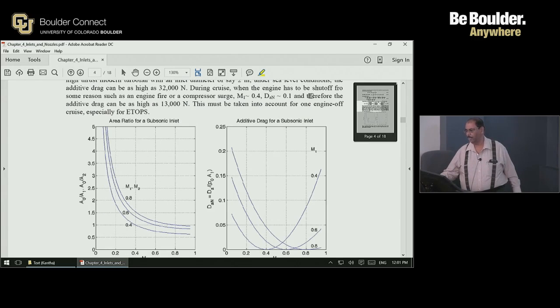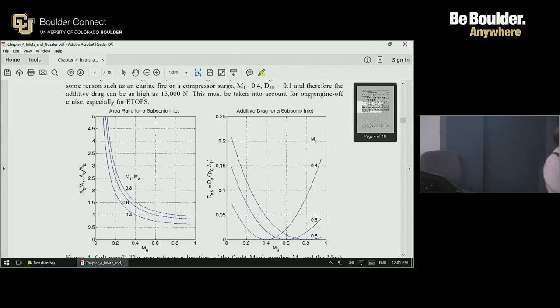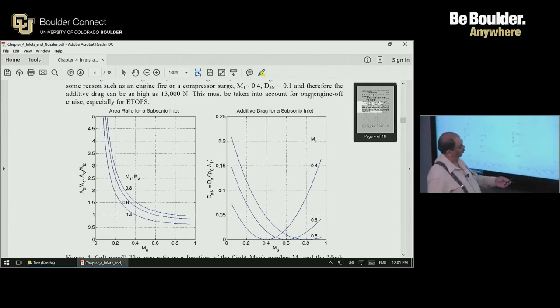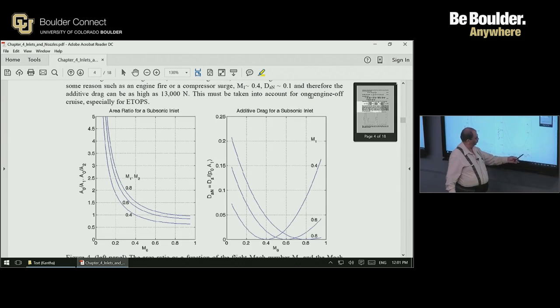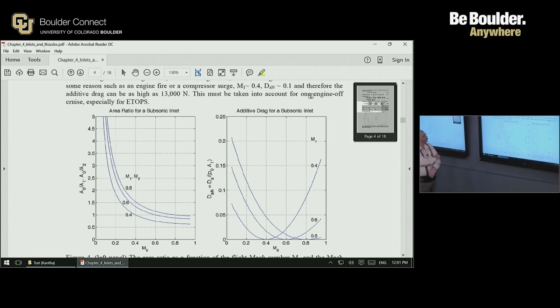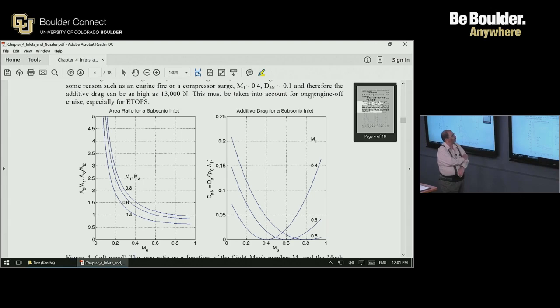So if you look at M1, say 0.7, that curve is going to fall between these two. And if M0 is 0.2, like during takeoff, this normalized drag can be as high as 0.1. P0 times A1 is quite significant, and therefore the drag can be quite high, 13,000 newtons. That's something you cannot ignore.